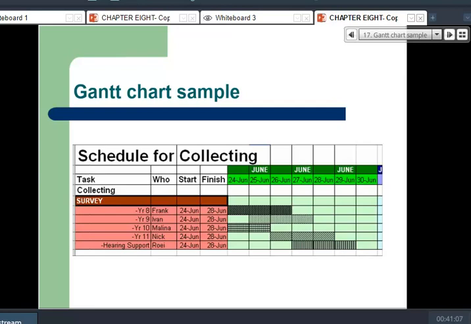The Gantt chart shows us the progress of our tasks given by the management, and it shows the actual time needed to finish the task.